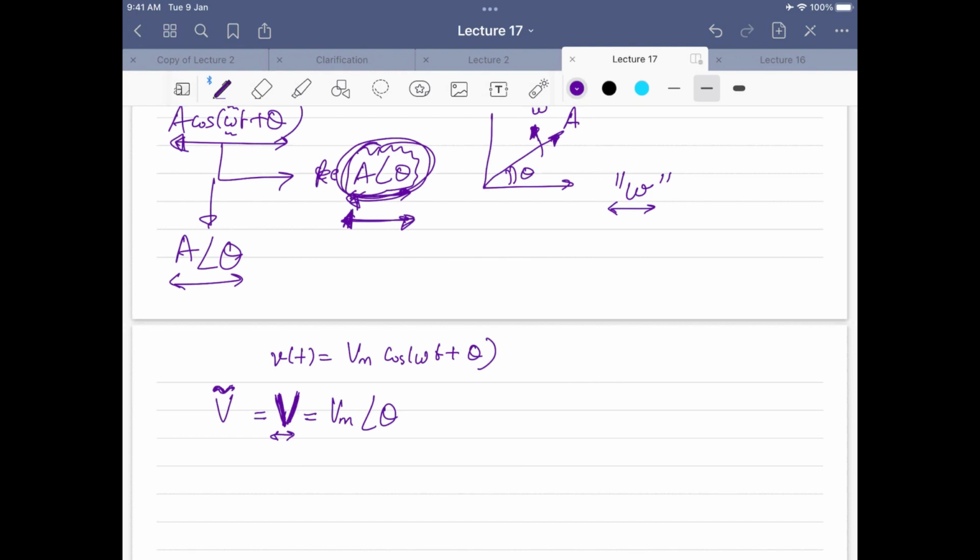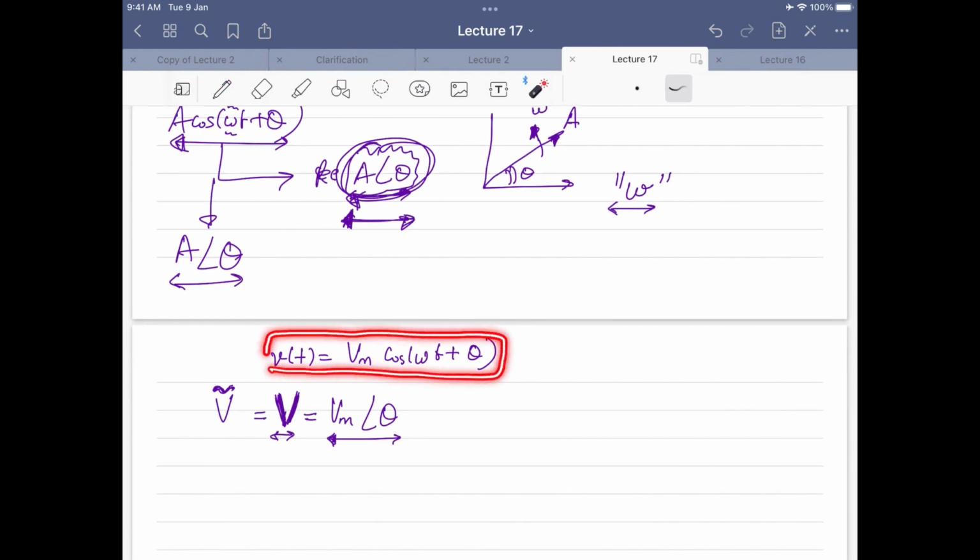So this is basically the frequency representation of the time domain signal. The time domain signal has time as the axis, and this one is the frequency representation. So capital V is a different way of representing this time domain signal, in terms of the phase, which is Vm angle theta.